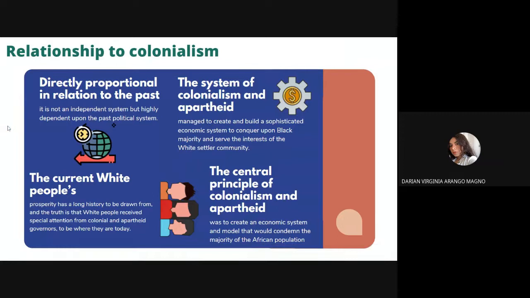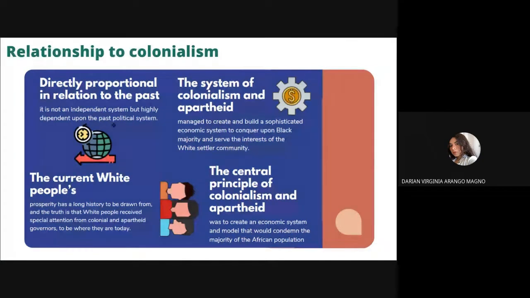And on the other hand, we must understand where apartheid comes from and how it is related to colonialism. The reality about the current system is that it was born of the past, and it is the product of the past. Therefore, its implementation is directly proportional in relation to the past.